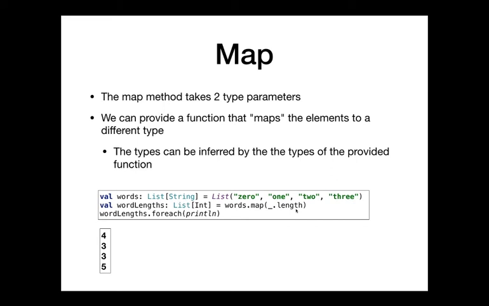So now it's going to return a list of ints. I get that list of ints, and it has, of course, the data that I expected there to be in there. So we can change that type just by the return type of the function that we give the map method.